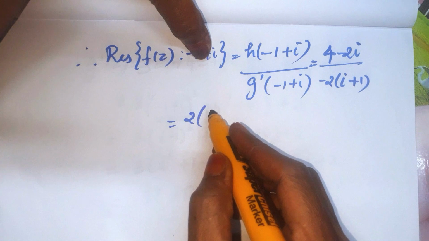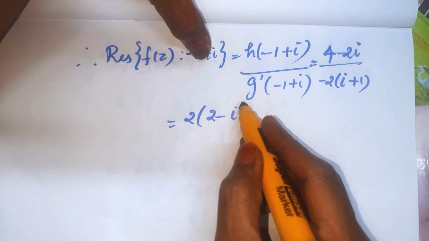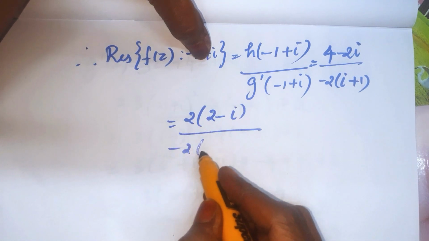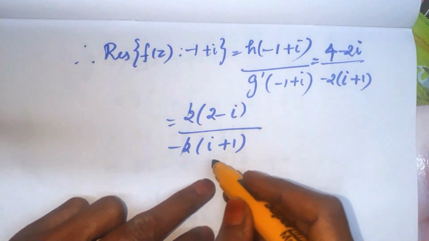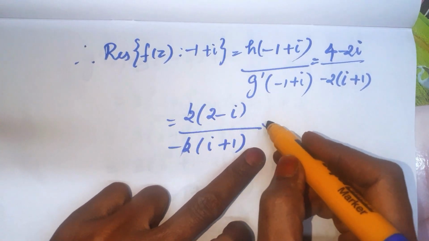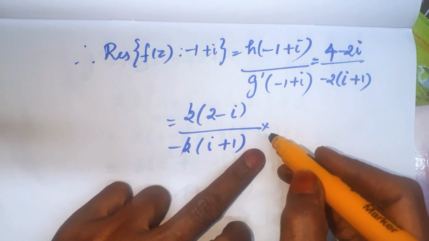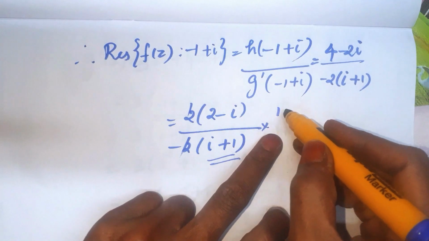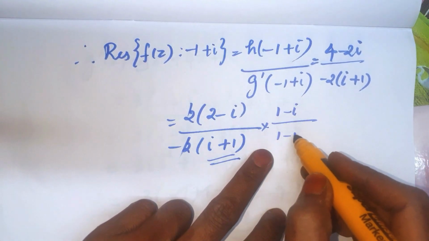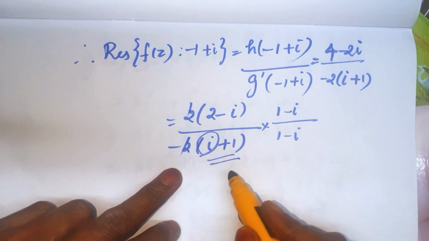So 2 into 2 minus i by minus 2 into i plus 1. 2 we can cancel. When we have a complex number in the denominator, we have to multiply it by its complex conjugate. What is the complex conjugate of this? 1 minus i. In this part, we have to take a negative sign.